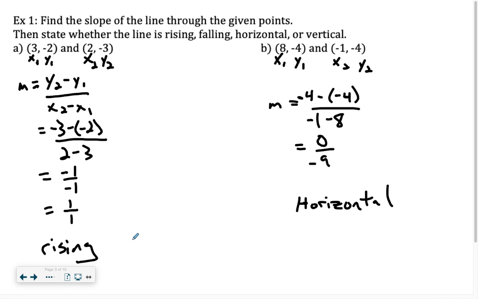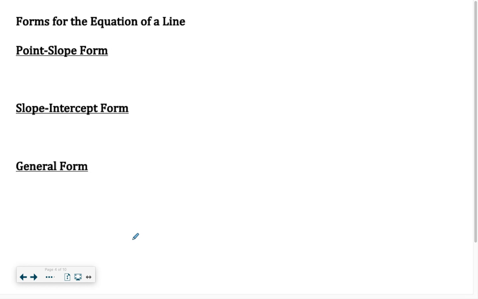All right. So the next little idea here is just our 3 basic equations for a line. I'm sure you've seen these before. The point slope form of a line is y minus y1 equals m times x minus x1.